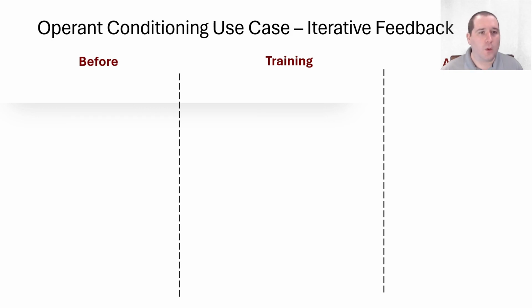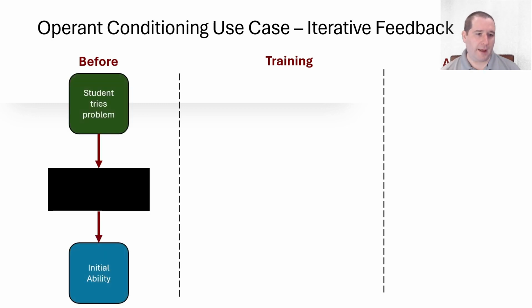All right, so now we've seen the examples from experiments. Well, how do we use operant conditioning? Especially in games, because that's why we're here, right? Game-based instruction. My first thought is operant conditioning is amazing at giving iterative feedback. What do I mean by that? When students try a problem, they're going to be successful or not successful based on whatever their initial ability is.